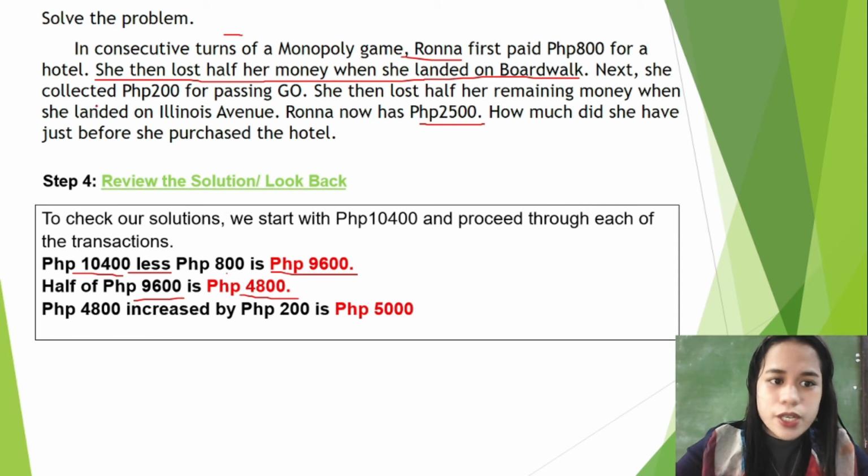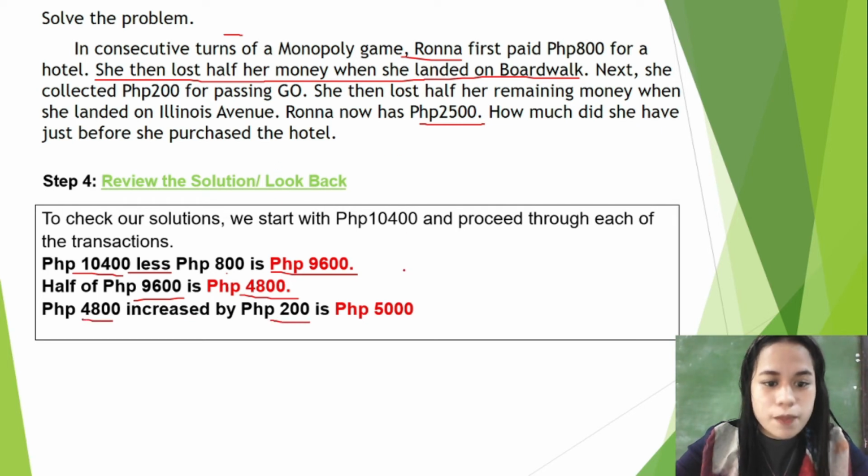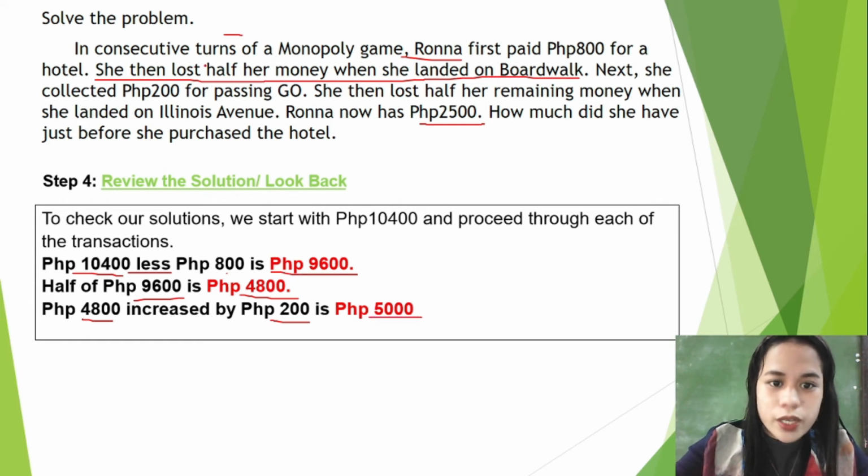Next, she collected 2,000 for passing Go. So, meaning to say, may pumasok sa kanyang pera. So, we need to increase 4,800 by 200, which is yung na-collect niya sa passing Go. So, we have 5,000. And the last one, she then lost half her remaining money when she landed on Illinois Avenue.